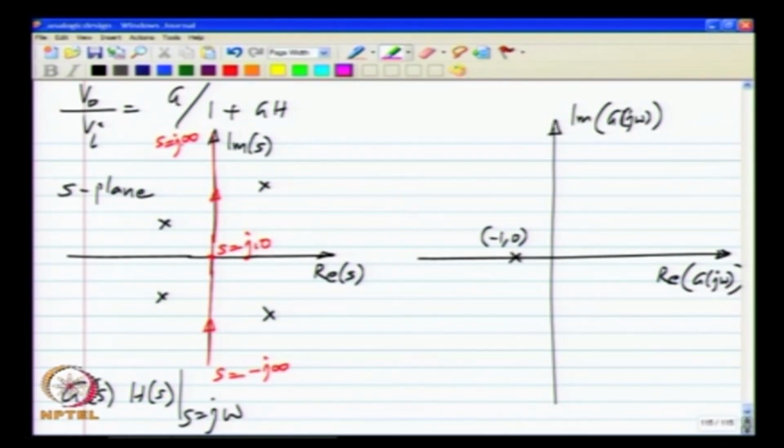Okay. So, then we will get some complex number G H as we traverse this. For every frequency point the complex number will be different. Then we will plot the imaginary part of that complex number versus the real part of the complex number. Okay.